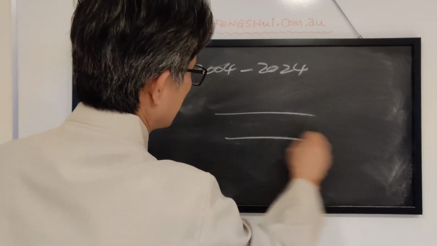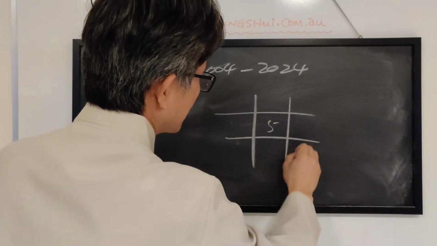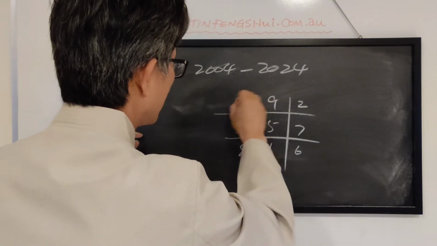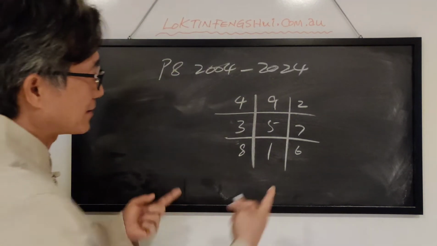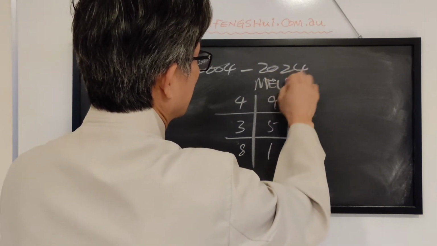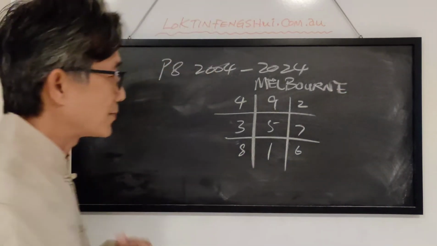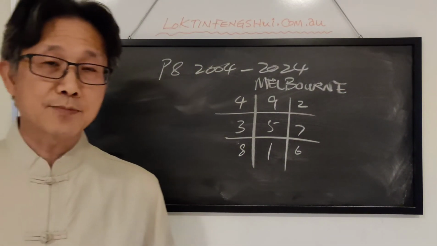So 5, 6, 7, 8, 9, 1, 2, 3, 4. In period 8, let's look at Melbourne as an example. Melbourne in period 8 is pretty okay.